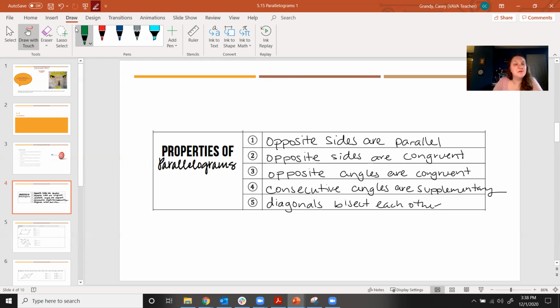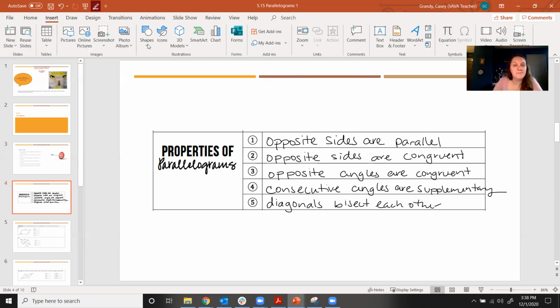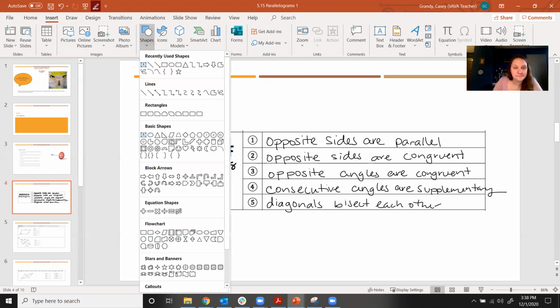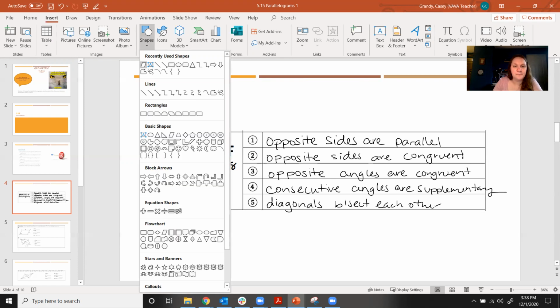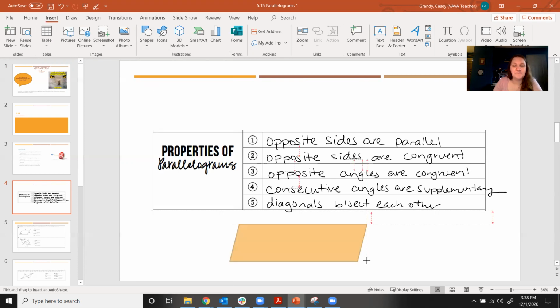So if I had a picture of a parallelogram, here's a parallelogram. I could put all of these properties in it.